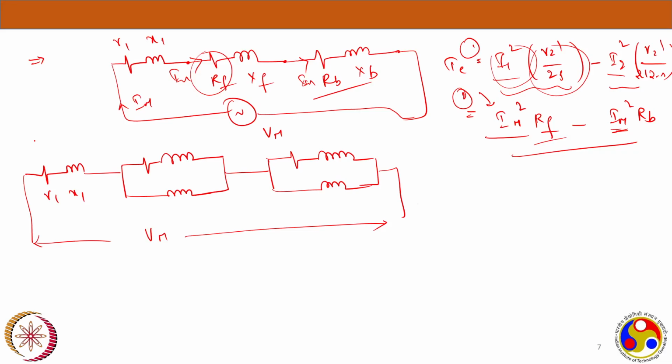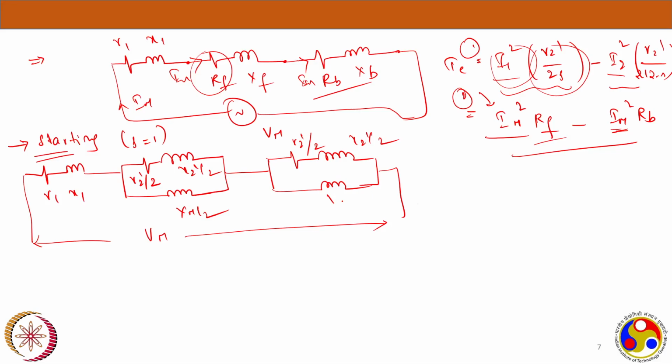At the starting, what is the slip? Slip will be 1, right? So wherever it is slip, we will replace it by 1. So this is R2 dash by 2S, it will be R2 dash by 2, and X2 dash by 2, this is XM by 2. Here it is R2 dash by 2 into 2 minus S. 2 minus S will be again 1, so it's again R2 dash by 2. So here X2 dash by 2, XM by 2. So these currents flow here and here, and the total current is Im.